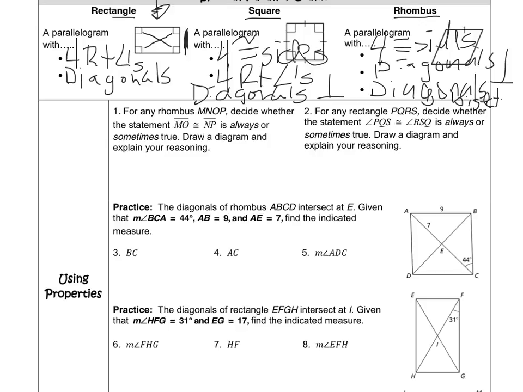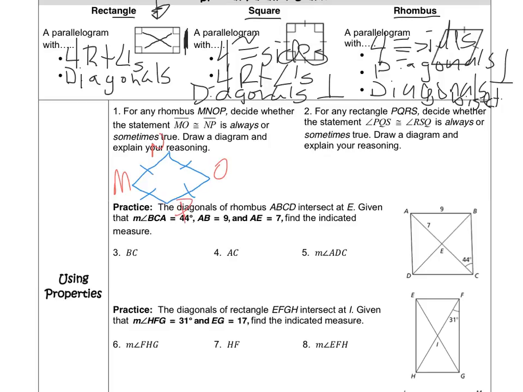So first let's go ahead and draw a diagram and figure this out. So we're going to draw a rhombus. And remember, to be a rhombus, it has to be a parallelogram and it has to have 4 congruent sides. And so we'll label our vertices M, N, O, and P.